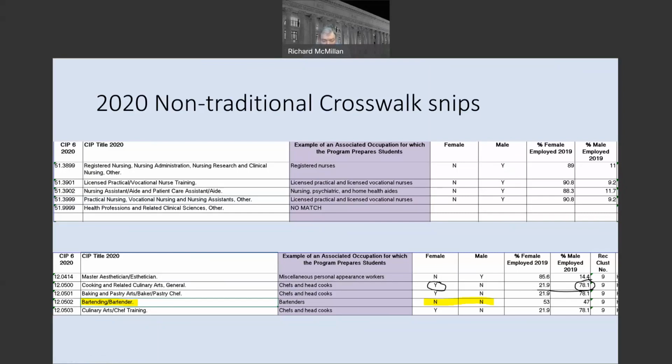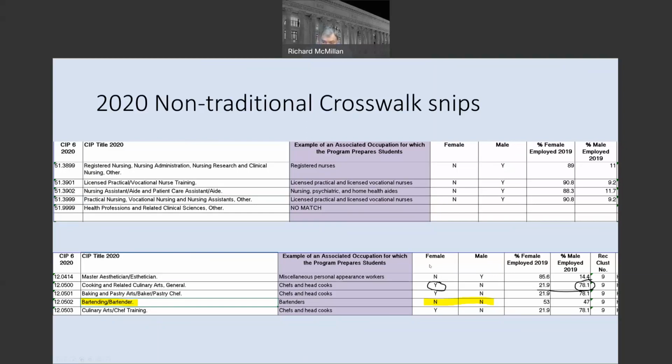And this is a good explanation of how this chart works, because note that bartenders are not non-traditional in either gender. And keep in mind, the data systems that are still in existence here are binary pretty much in character, and that's based on history. Someday there may be more categories, obviously.